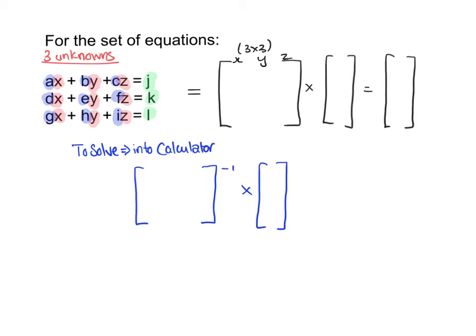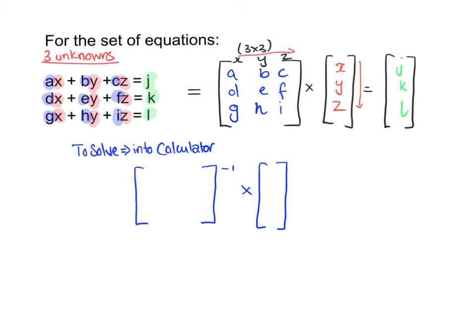So we will have A, B, C, D, E, F, G, H, and I. They go in there. Now, the X, Y, Z going across there will go down that way. They're your unknowns, and we would know the answer to the equations by putting those numbers in there.